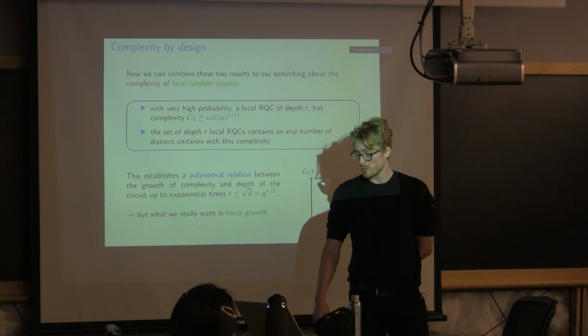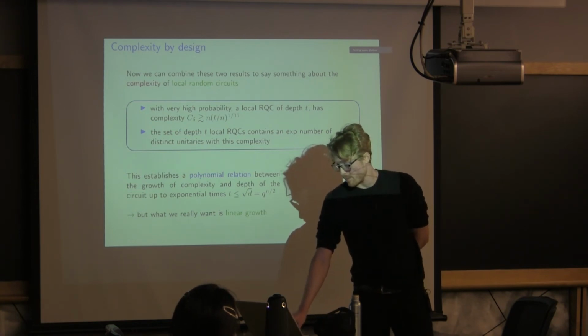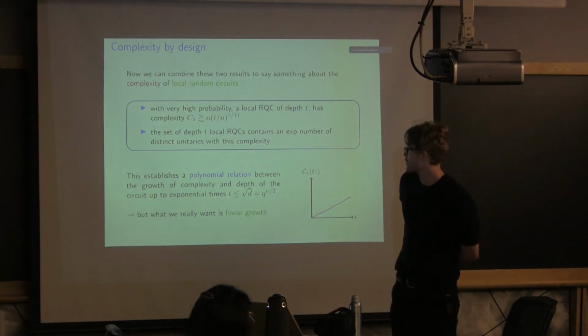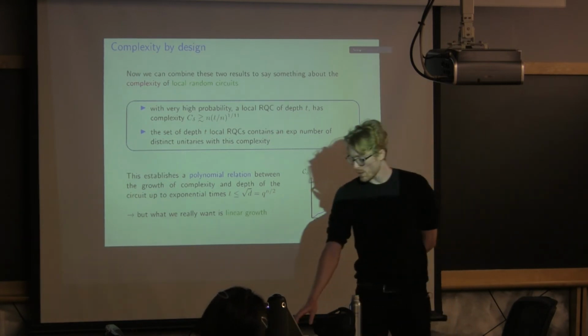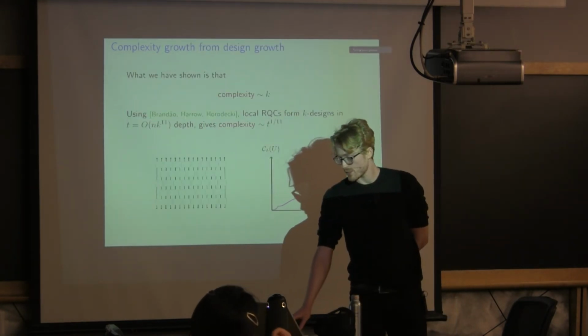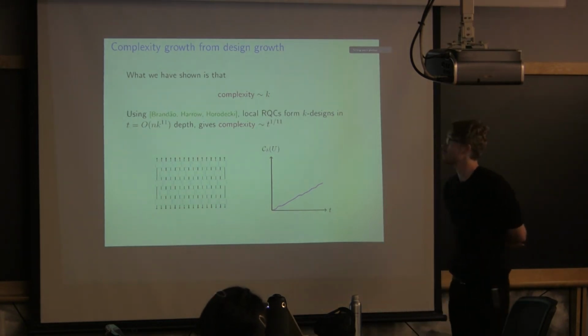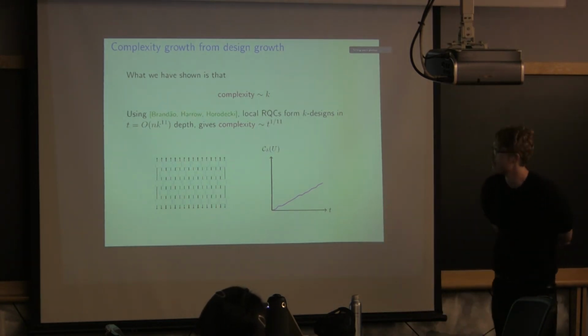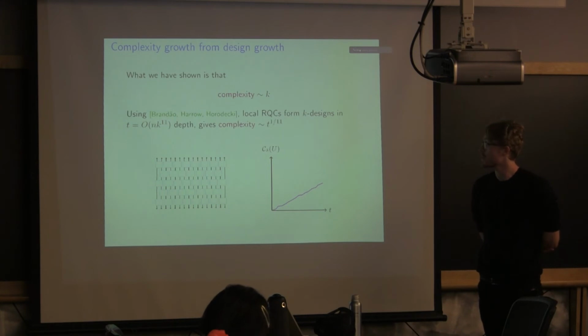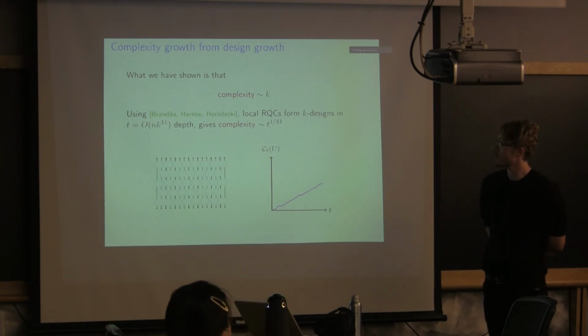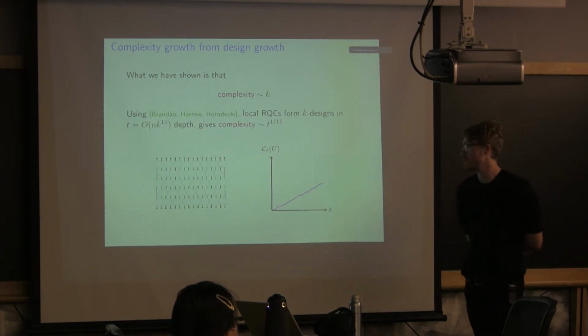So this establishes some polynomial relation, we have some t to the 1/11. But what we really wanted was a linear growth. Just to reemphasize, we showed that complexity is linearly related to k, so complexity goes like k. And then we used this BHH result, which said that t goes like k to the 11, which allowed us to extrapolate that the complexity must be at least scaling like t to the 1/11.